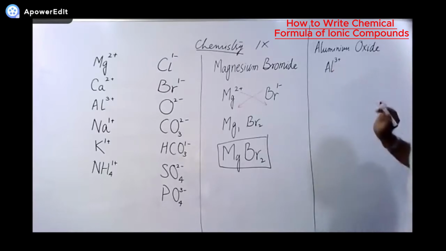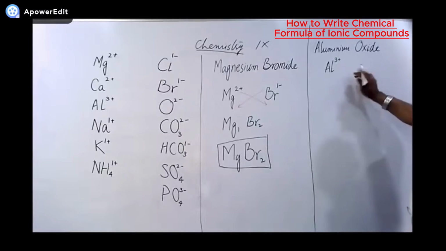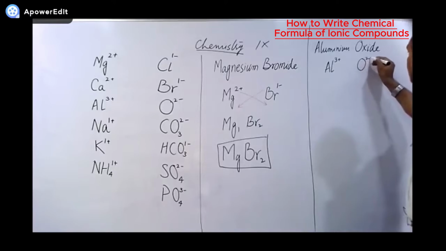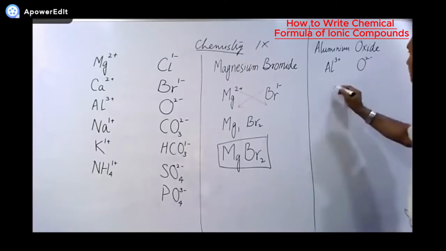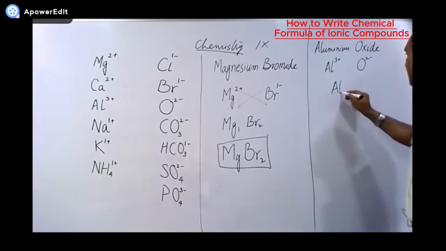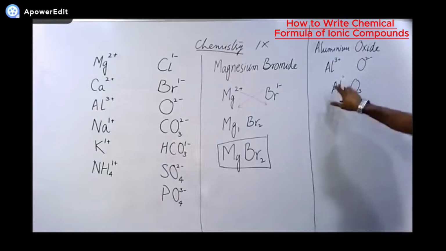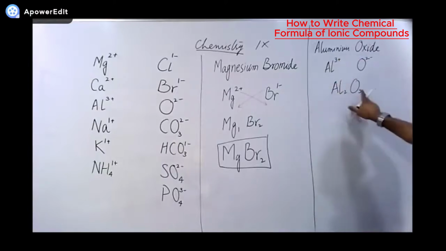This charge is called valency. Al3 plus. You have to memorize them. Oxide, interchanging their positions. Al2O3. Its name is aluminium oxide.